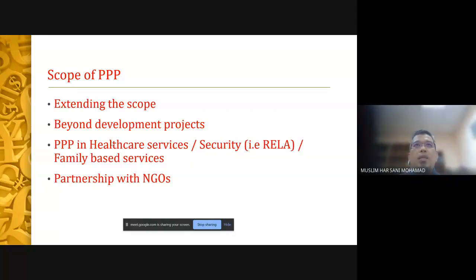At one point the crime rate in the country was very high, so the Home Ministry initiated work between the police, army, and RELA, and the role of RELA at that time was enhanced. Today you can see they provide very important services, to facilitate the general public as well as including security.